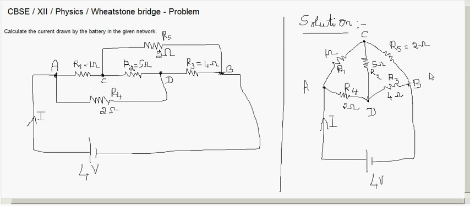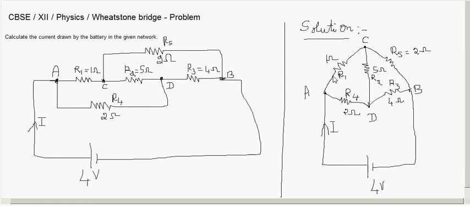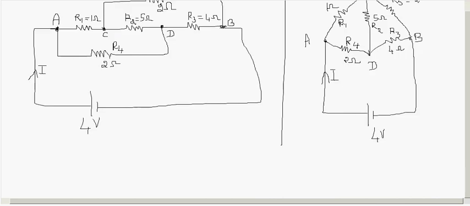So we need a condition for bridge balance. The condition for the bridge balance is that R1 divided by R5 should be equal to R4 by R3. So you check whether R1 by R5 is equal to R4 by R3.